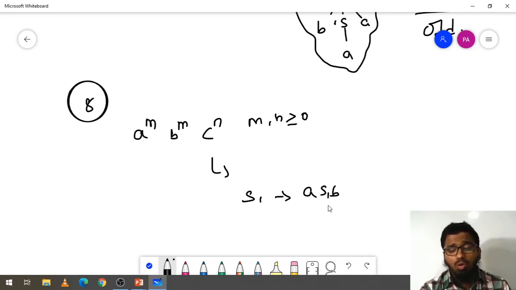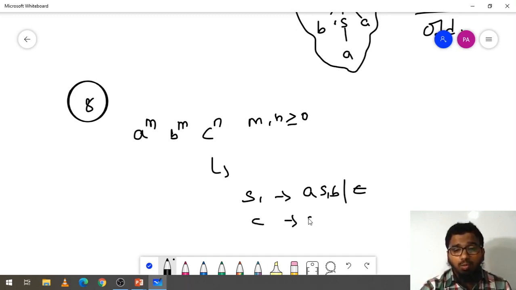Okay, if you want to stop the terminal, you need to use epsilon. But what is it telling in the third one? C power n, and this should also be greater than or equal to 0. So for that, take capital C goes to small c capital C, or epsilon.